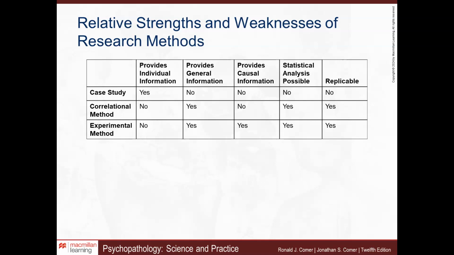On the far right-hand side, you'll see the term replicable. That just means another person with another candidate for research would be able to engage in the exact same research method employed by the initial researcher.